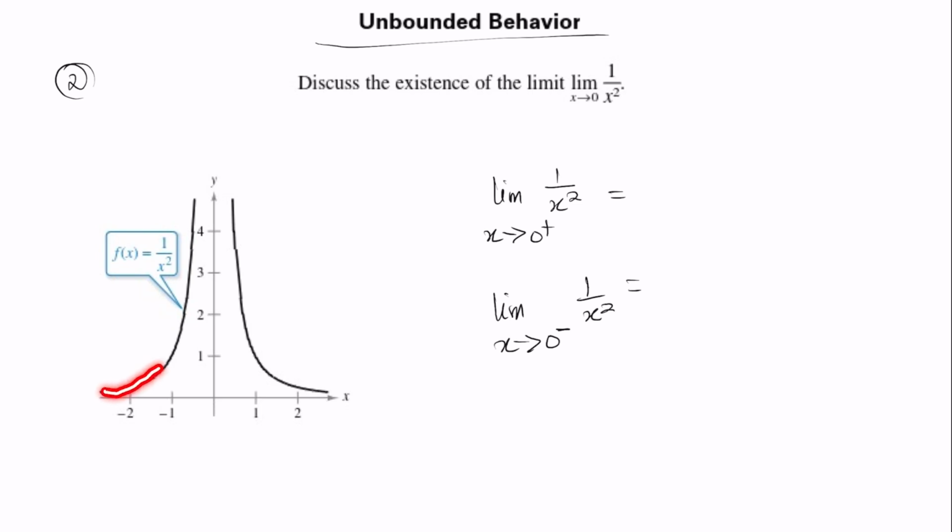It is unbounded. It keeps going on and on without approaching any specific value. And therefore, we conclude that the limit as x approaches 0 of 1 over x squared does not exist.